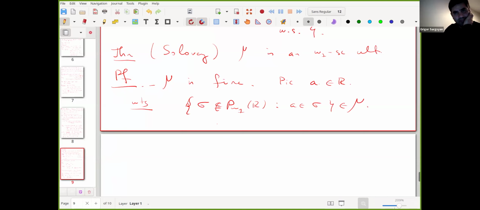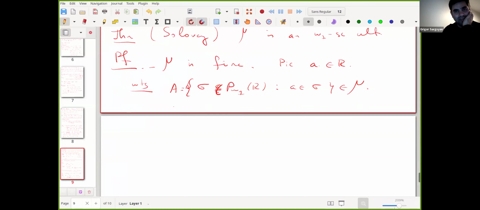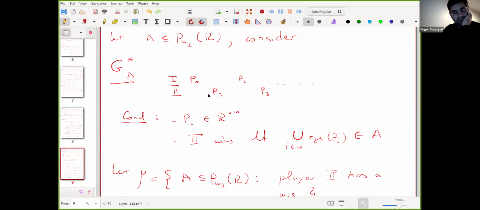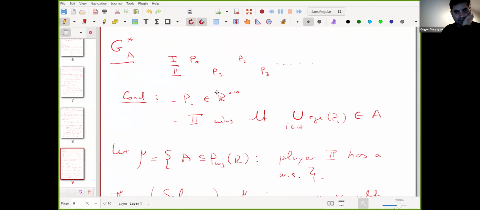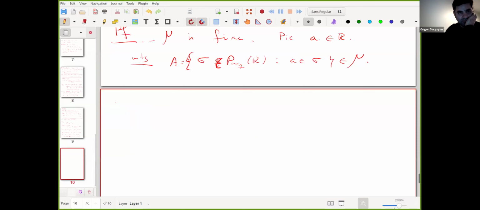Being in mu means that player 2 has a winning strategy. How do you do it? Remember the game: you're playing finite sequences of reals. So player 2 just has to make sure that in the first move she plays A. Let P1 just be A. Then she will win the game.